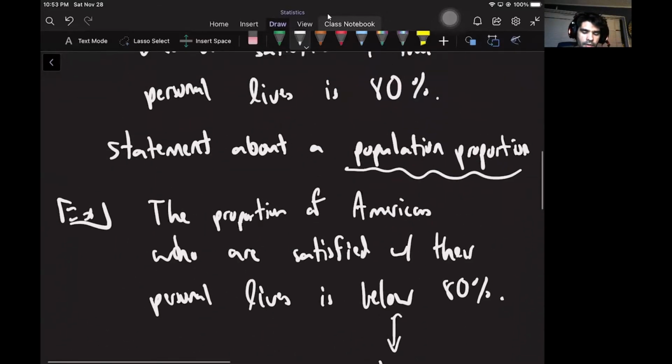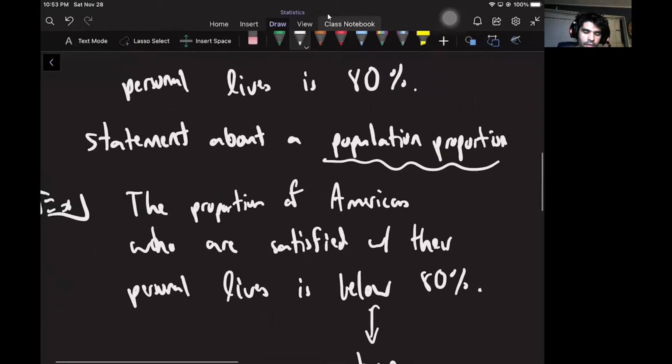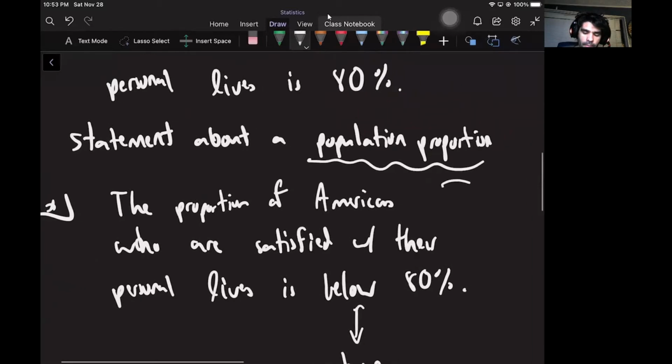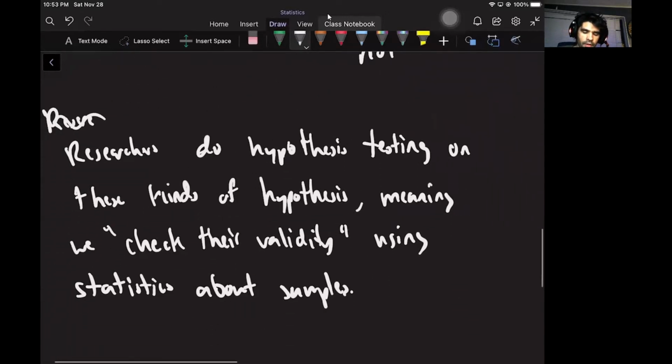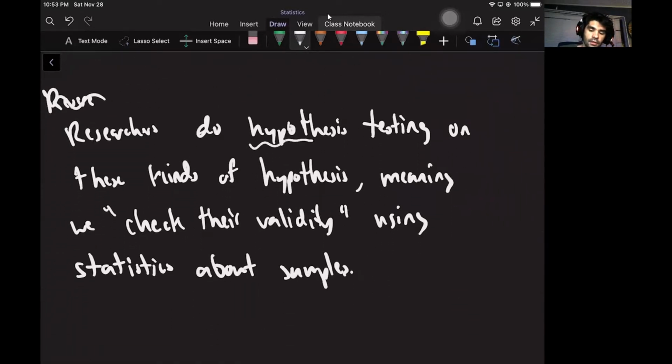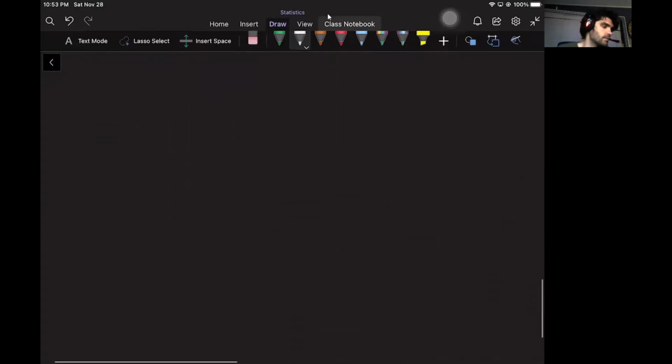So you make a hypothesis like this, maybe. You say, I claim that the proportion of Americans who are satisfied with their personal lives is below 80%. And then you check that validity using something called hypothesis testing. And hypothesis testing just uses all the stats we've learned. That's the basic premises.